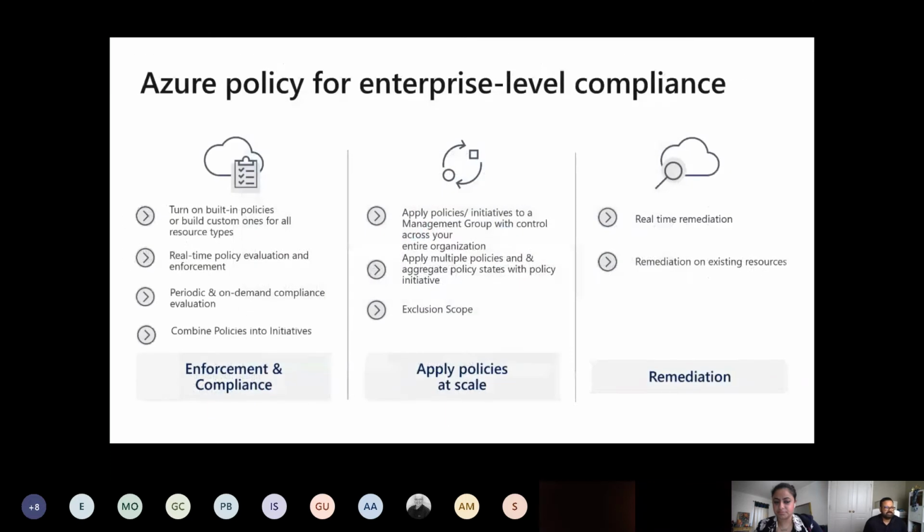In Azure Policy, basically what this means is it's a powerful governance platform that enables enterprises to govern their cloud environment at scale. So policies could be an audit policy or a deny policy, or more like a what if policy, things like that. An audit policy is after the fact.